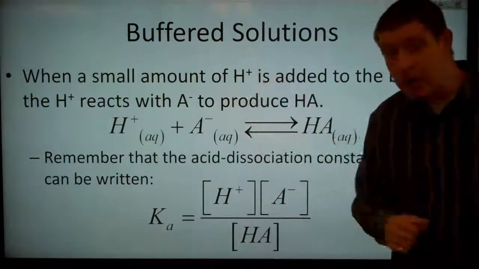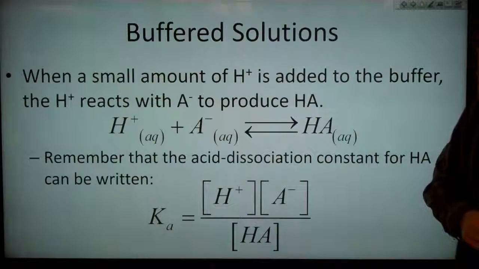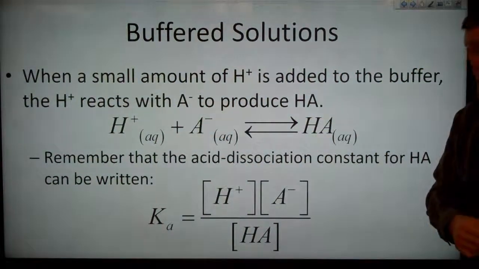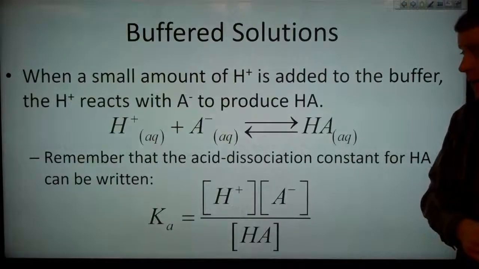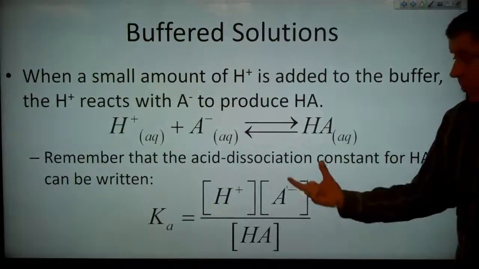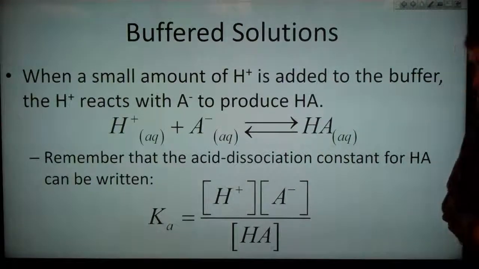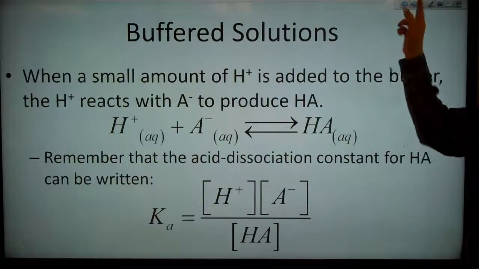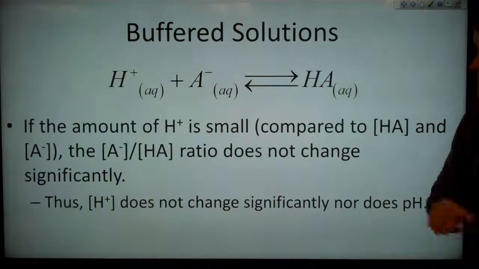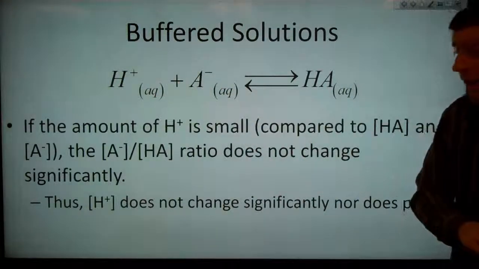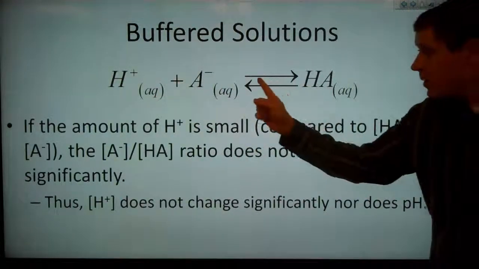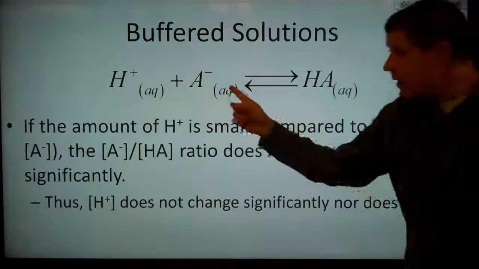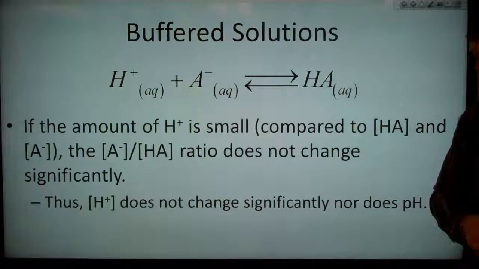So, if a small amount of hydrogen ion is added to the buffer, then the hydrogen ion reacts with that A- to produce HA, or conjugate acid. And remember that the acid dissociation constant for HA is written like this. Same as before. If the amount of hydrogen ion added is small compared to the amounts of HA and A-, then again, that A-/HA ratio isn't changing significantly.